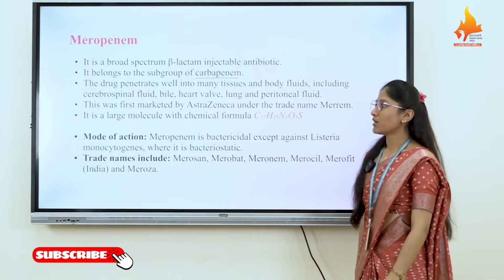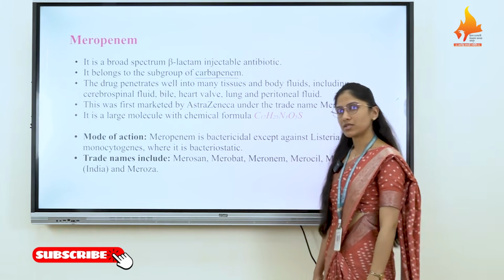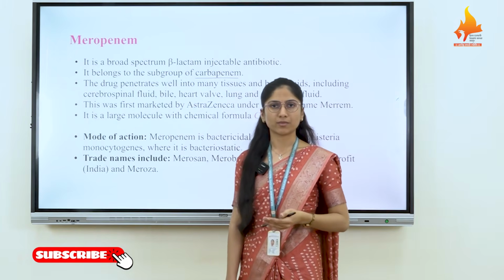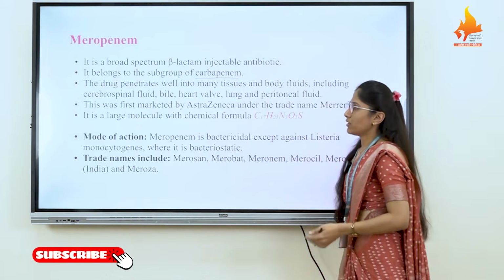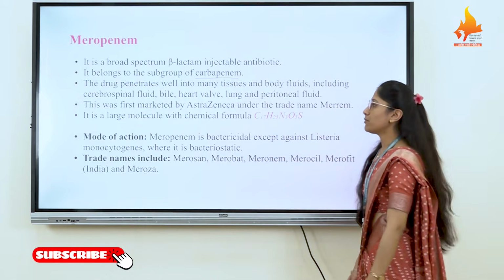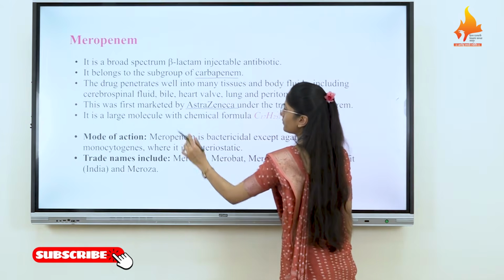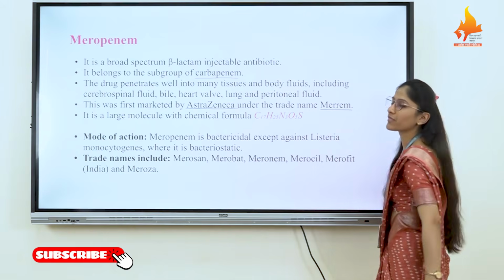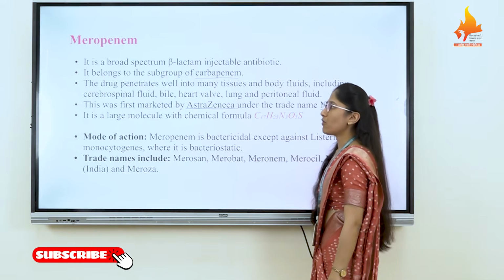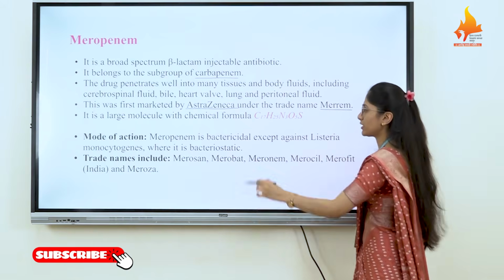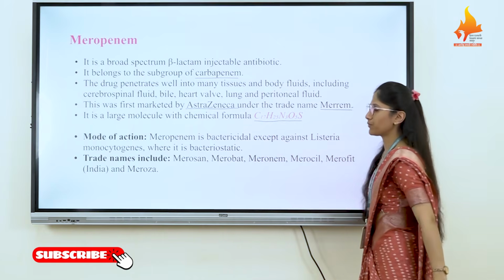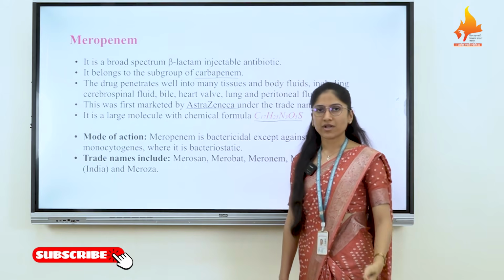It also shows broad spectrum activity against gram-positive bacteria, gram-negative bacteria, aerobic as well as anaerobic bacteria. It was first marketed by AstraZeneca under the trade name Merrem. The chemical formula of meropenem is C17H25N3O5S.